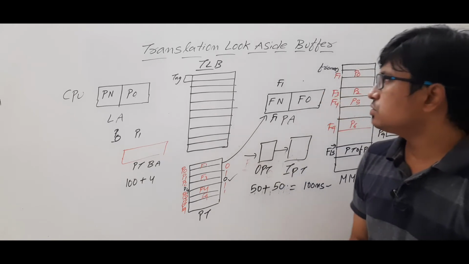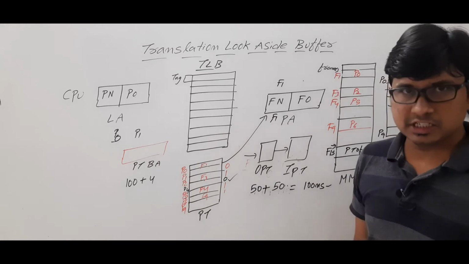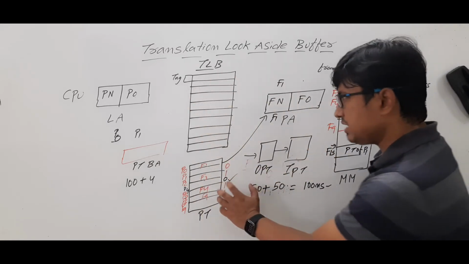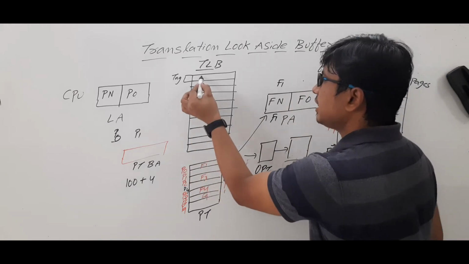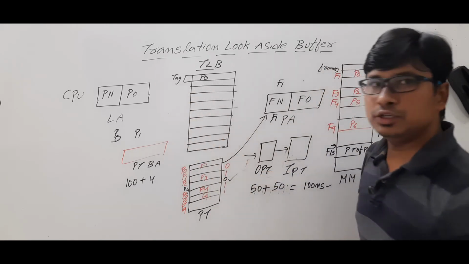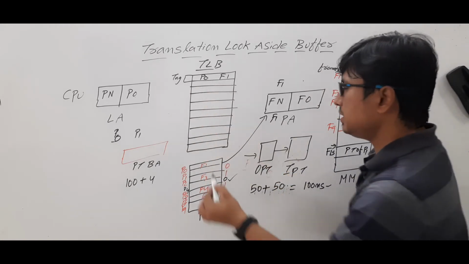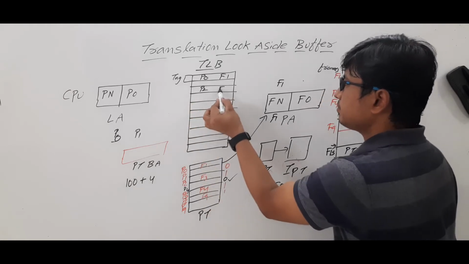Is it clear? So what we usually do is that instead of keeping the entire page table, we will keep a few entries of the page table in the TLB. Suppose I have kept the page number 0 information, which is available in the frame number 1. Similarly, page number 2 information I have kept as frame number 3.